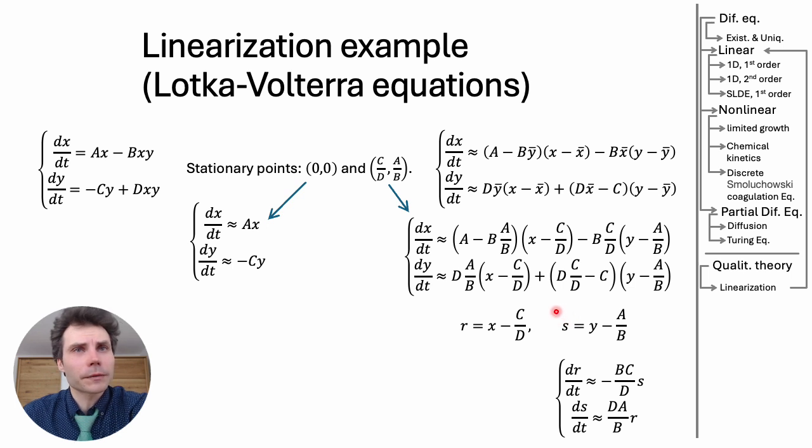And after a certain simplification, after cancelling all these terms, we first introduce another set of variables. We shift the stationary points to the origin. So instead of examining x and y, we examine r, which is nothing else than just x minus the x coordinate of the stationary points, and s, which is also nothing else than just y minus the y coordinates of the stationary points.